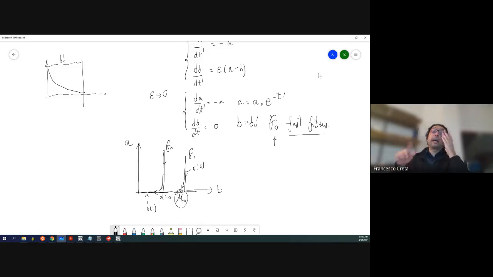And on that manifold, which is a constraint for the system, only the slow timescales will be present. We'll see later on that this is very important. It will mean a reduction of a system in complexity, and also reduction in stiffness. Stiffness is when you have separate timescales which are farther apart. On M0, you only have one timescale of order 1.